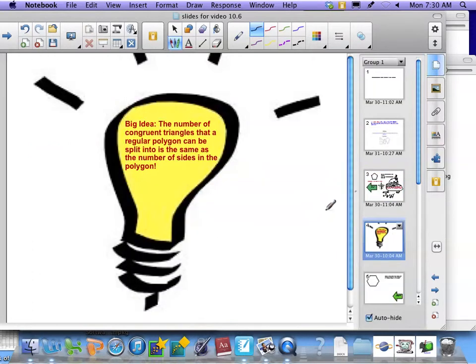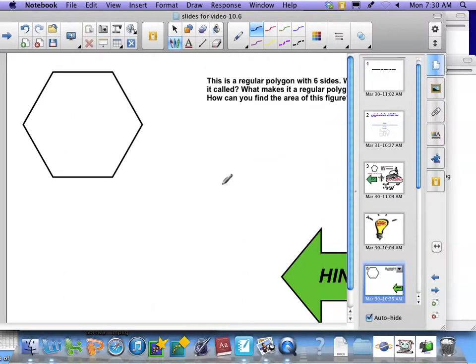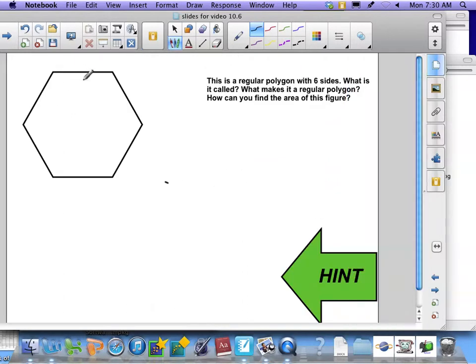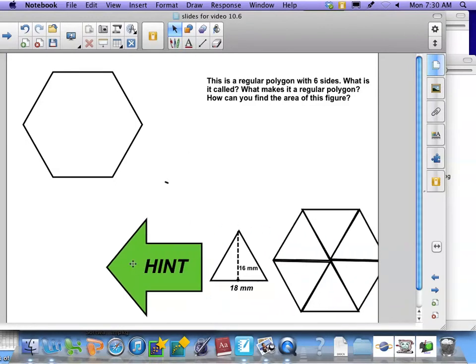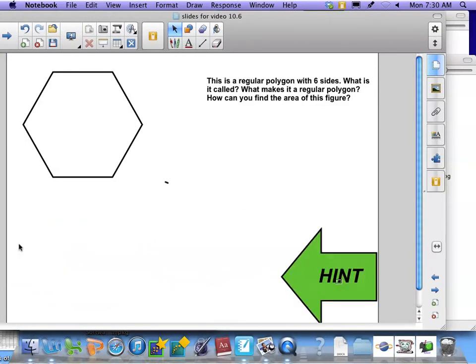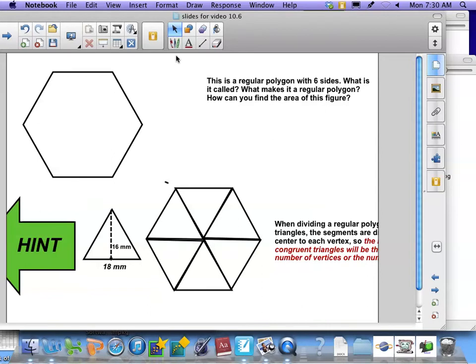Okay, so our big idea, the number of congruent triangles that a regular polygon can be split into is the same as the number of sides in the polygon. Okay. So here's a 1, 2, 3, 4, 5, 6-sided polygon. Okay, it's a hexagon, and that means we can divide it into 6 triangles. Okay, so if that was our triangle right there, we know the area of a triangle is 1/2 times the base times the height.